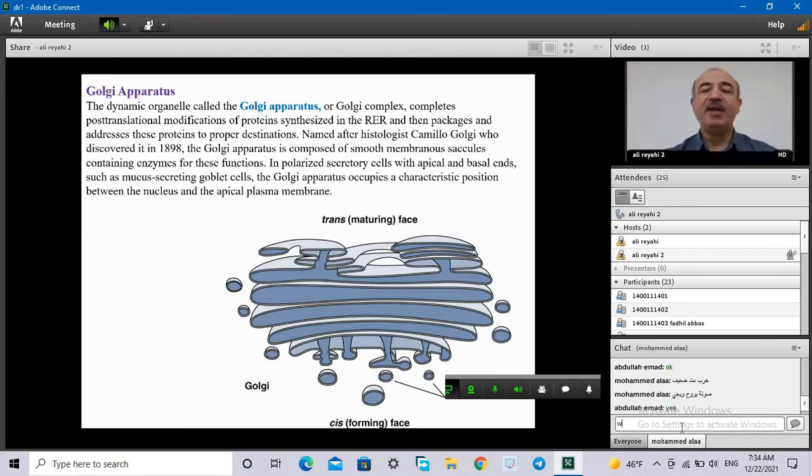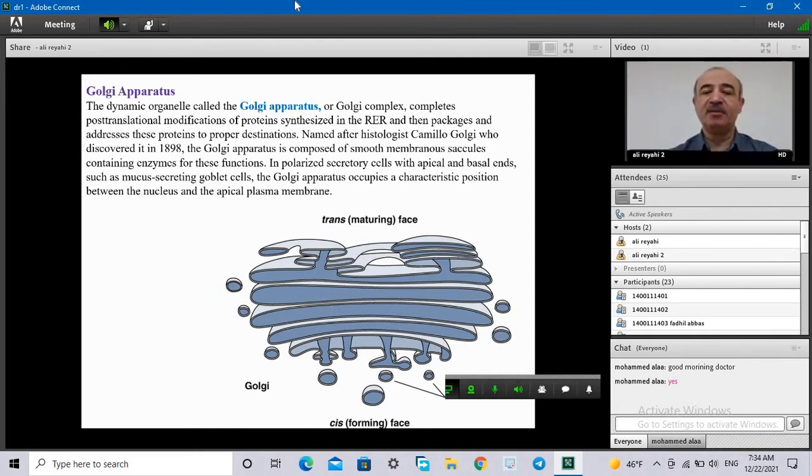So it's involved in protein synthesis and post-translational modification. That means when the protein or polypeptide chain is formed within the endoplasmic reticulum with the help of the ribosome, this polypeptide enters the Golgi apparatus and is altered and modified to the final shape of the protein.